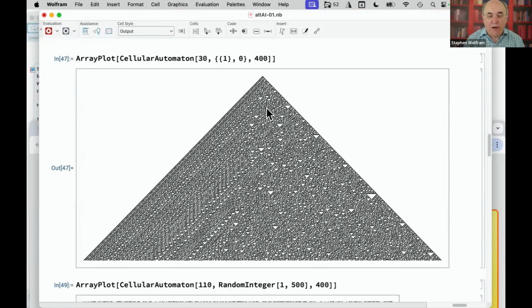As soon as you have a system like this that isn't obviously simple, it will be as sophisticated as anything can be. And that means you won't be able to jump ahead. So one sign of that is this system, even though it has really simple rules, will be computation universal. Now, there are many footnotes to this whole thing, many of which are very difficult to nail down.